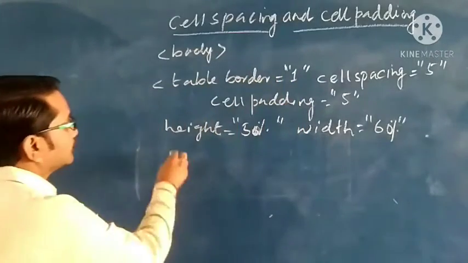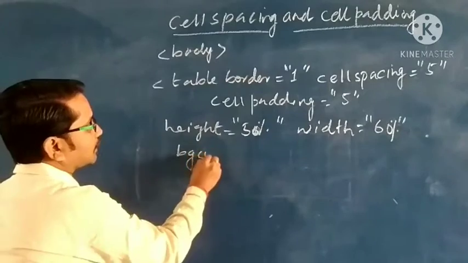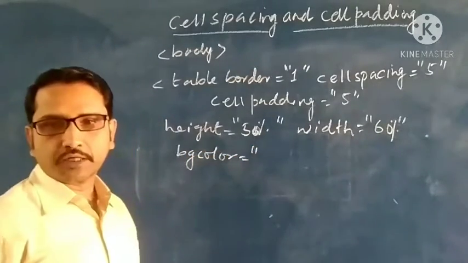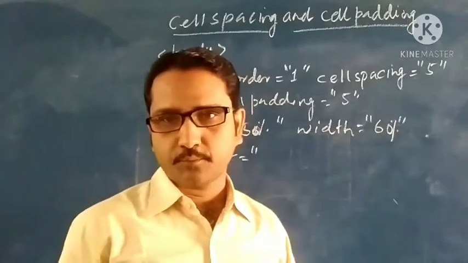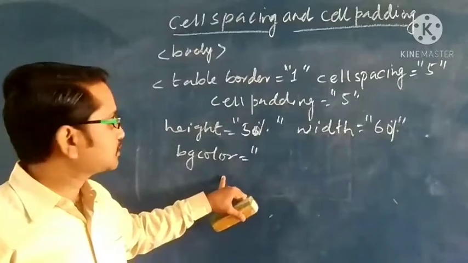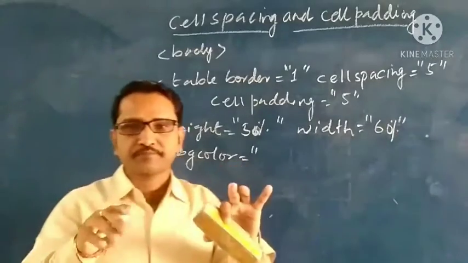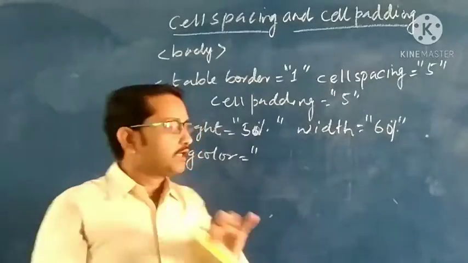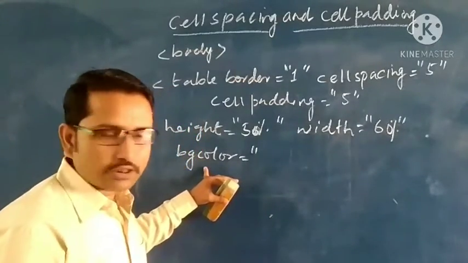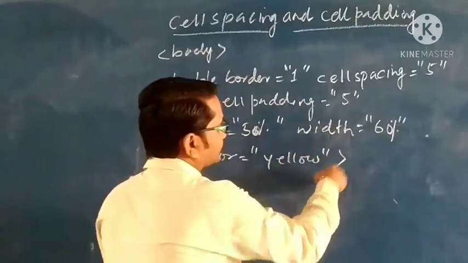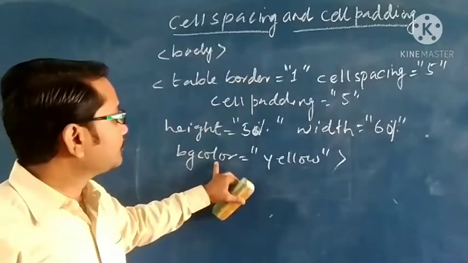Now we want to give a BG color. So we can use BG color equals to, BG color means the background color. We have used this attribute in body tag. So in table tag also we can use this BG color, means the table background will appear in whatever color we use. I use the yellow color, so it will be BG color yellow.